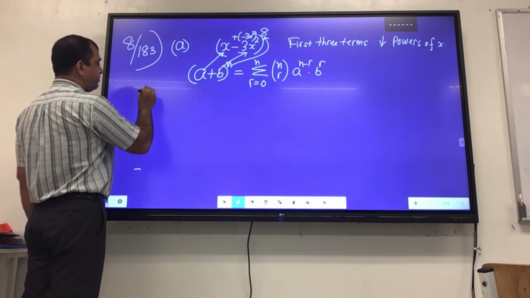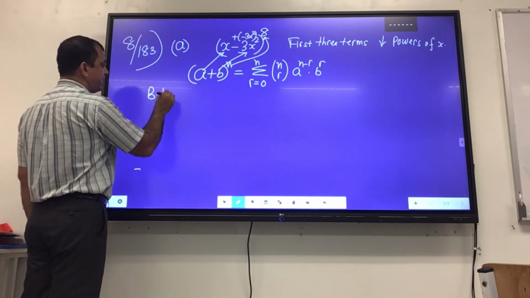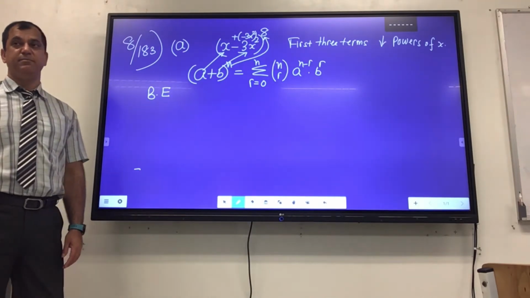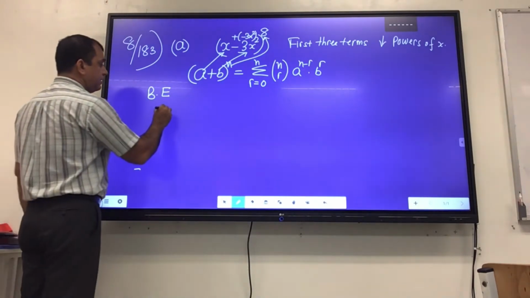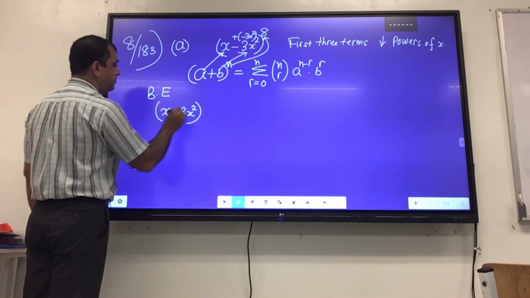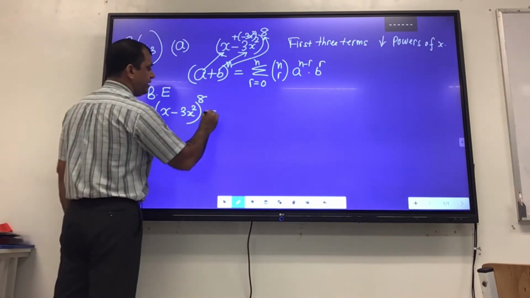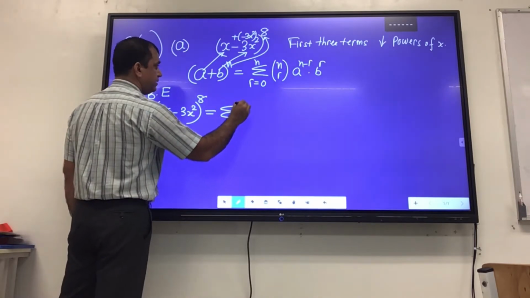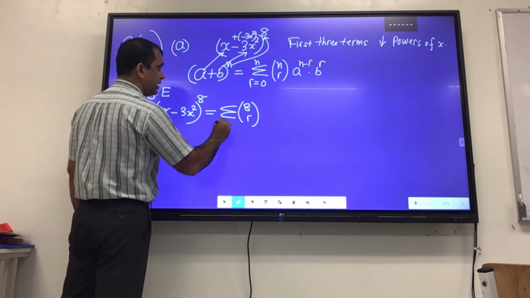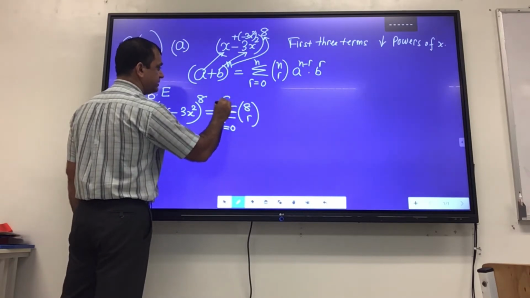So by binomial theorem or binomial expansion, (x minus 3x squared) whole power 8 will be sigma 8Cr, r from 0 to 8.